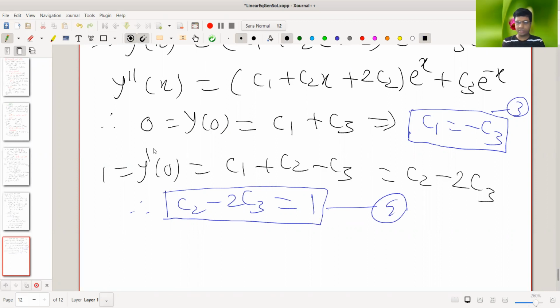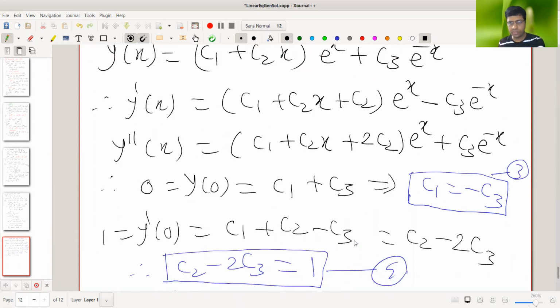Now third condition is y double dash 0 is minus 1. So it is C1 plus 2C2 plus C3.